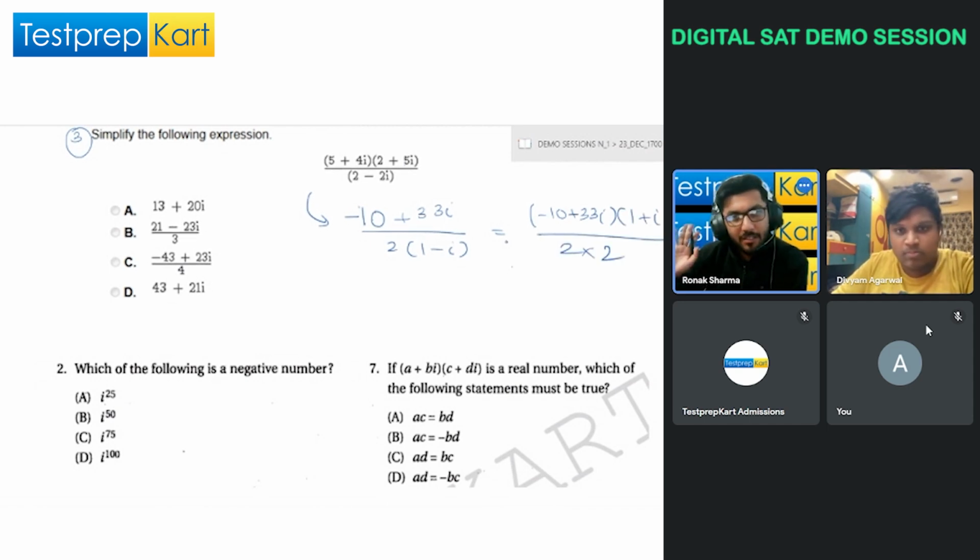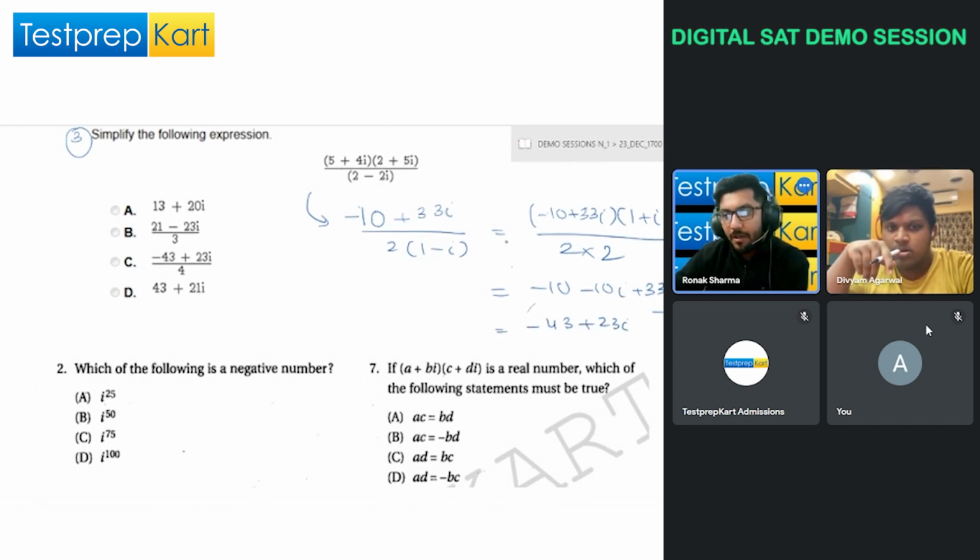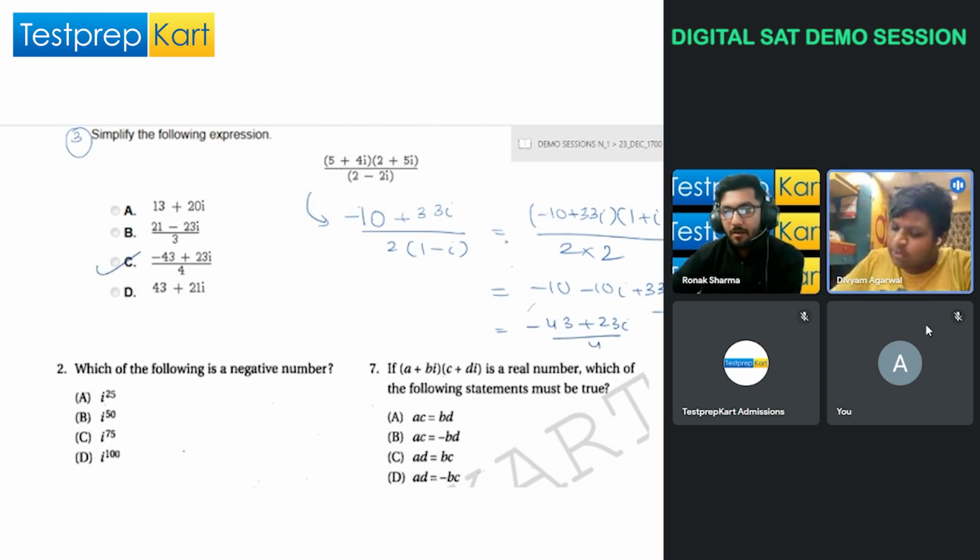Now minus 10, then minus 10 iota, then 33 iota, and then 33 iota into iota, so minus 33. So minus 43 plus 23 iota by 4. I was just multiplying 2 minus 2 iota. I didn't take the common. Still, it should work now.